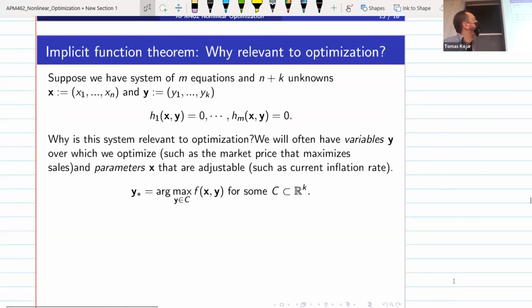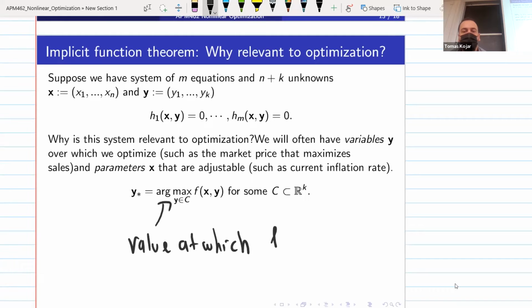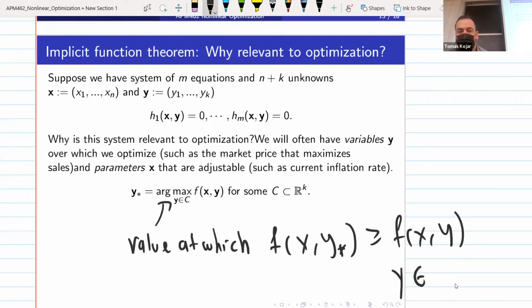So this is our optimization problem. You're going to see this many times. We want to find the argmax, meaning the value y star at which f of x, y star is bigger than all the f of x, y for y in C, some set.